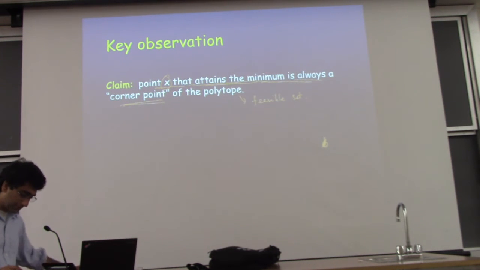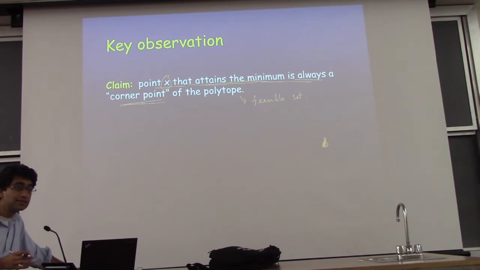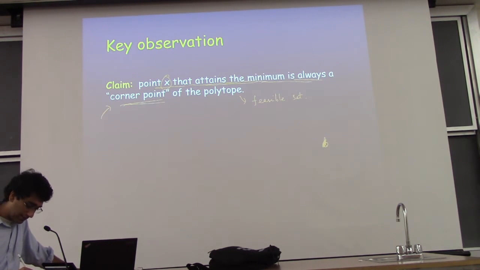All right. So this is in some sense the main idea behind the simplex algorithm. The point that attains the minimum is always a corner point, and searching over corner points could be very expensive.